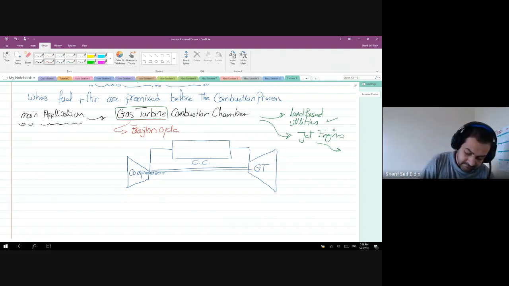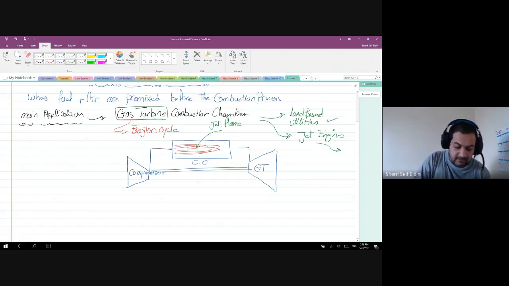In the combustion chamber, the flame is going to be generated here. So let's assume that this is a jet flame. All right. And it also has a stabilization mechanism and so on and so forth.